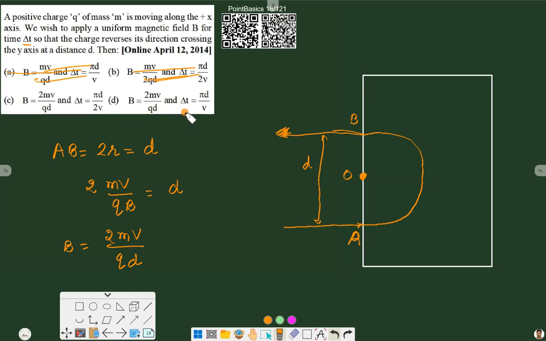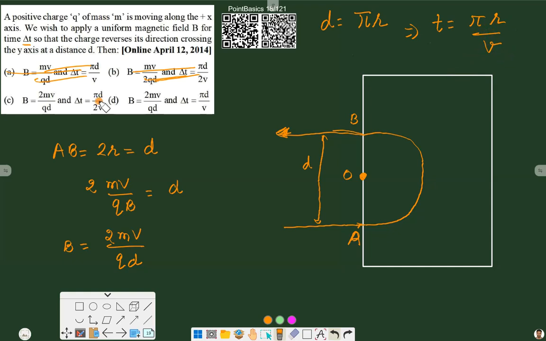Now coming to the time it took. We can find the time easily, as it has traveled a distance of half the circumference. So the distance traveled is pi r, and time will be given by distance divided by velocity, so pi r by velocity.